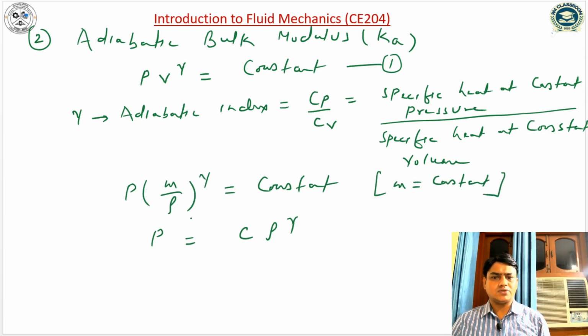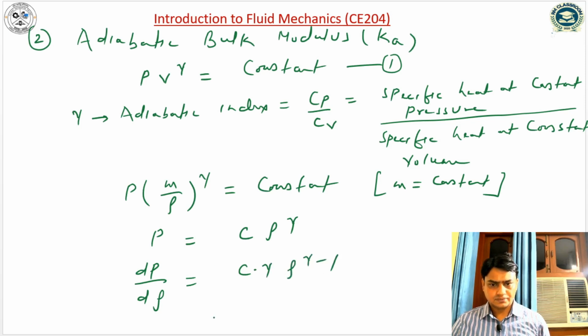So P is equal to rho to the power gamma and constant divided by M, so it is also a constant. If I differentiate, dP by d rho will be C into gamma into rho to the power gamma minus 1.